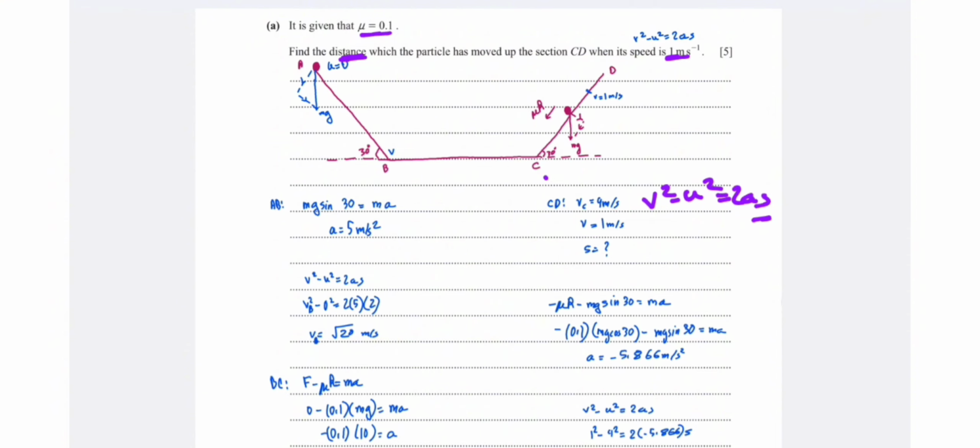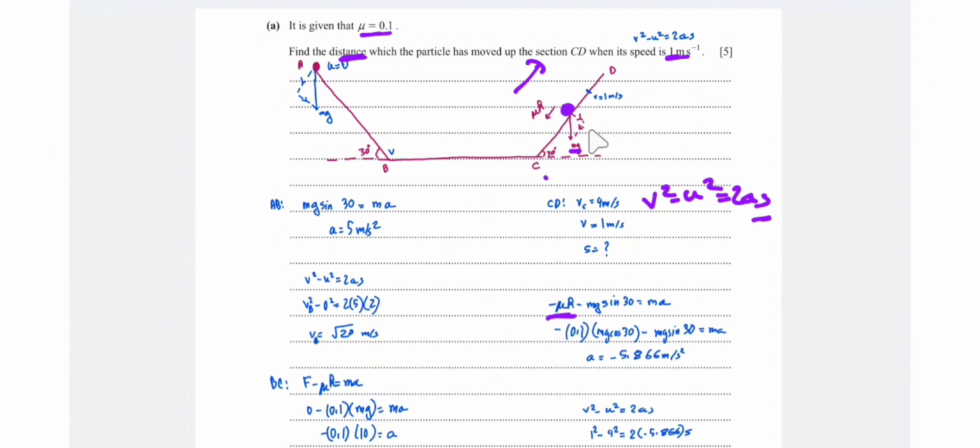To find the acceleration, let's consider the object is at this point. The weight is acting vertically downward, that is mg, and its components are mg cos theta and mg sin theta, where theta is 30 degrees, and the frictional force is mu R. The object is moving upward, so the frictional force is acting backward.